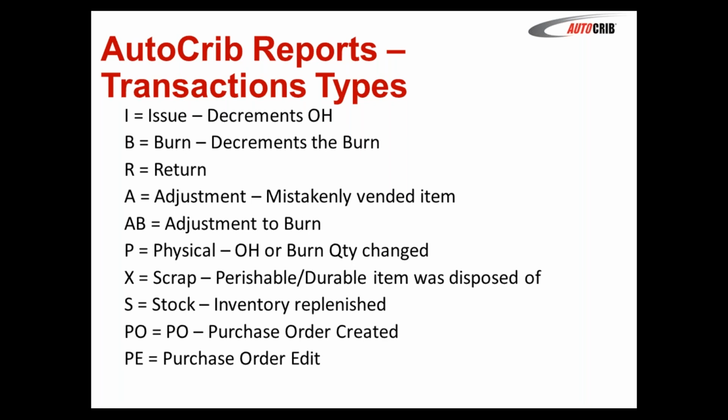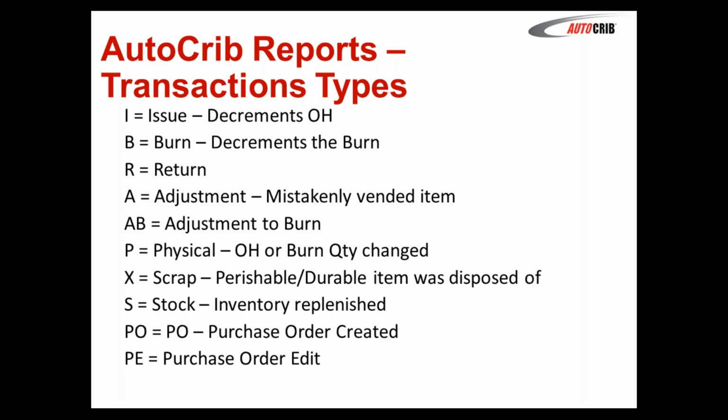P is for physical. So this is when the on-hand or burn quantity for the item was changed. It will be recorded as a P transaction. And X is scrap. So an item with type perishable or durable that was sent to scrap or disposed of. This will decrement the on-hand or burn quantities. S is for stock.